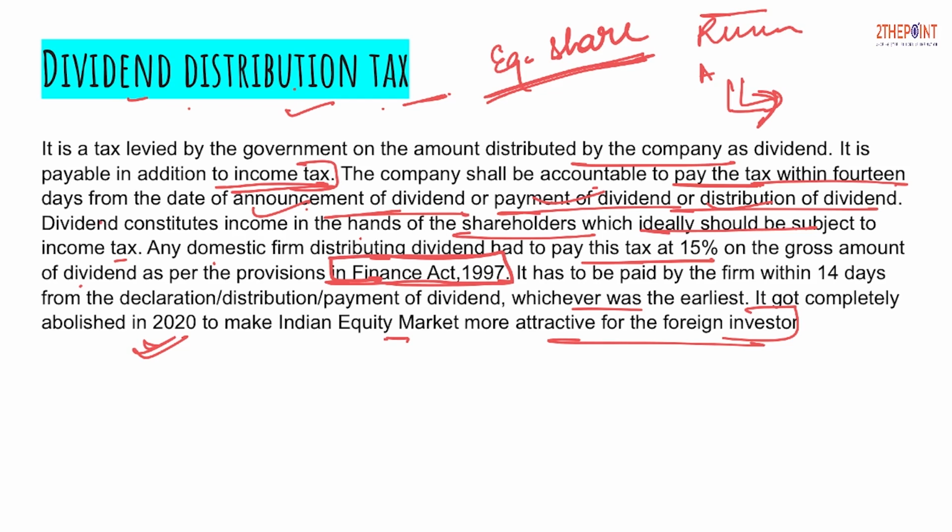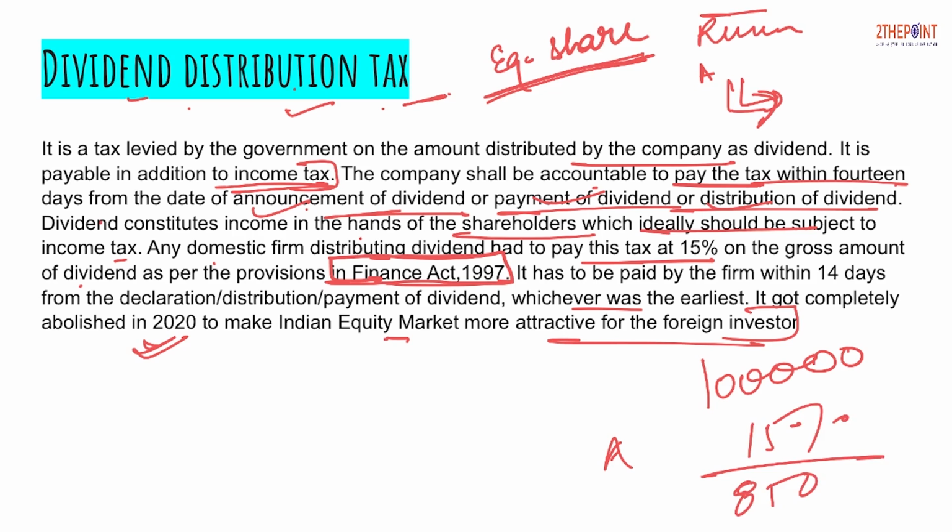Earlier this was such a demotivating factor for the investors that, let's suppose, if 1 lakh is the gross amount of the dividend for Mr. A, out of which 15% is taken as tax, what remains is 85,000.